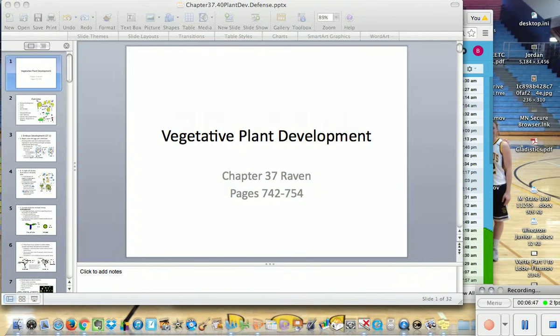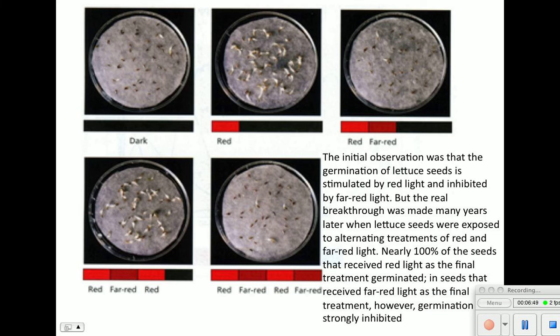Okay, I've got to slide this over here. So here we have seeds, and they're in dark. Obviously they're not going to germinate because they need sunlight. Here they gave it some red light for a short period of time, and they germinated. Here they went red, and as soon as red was over, they gave it far red, which is a different wavelength.